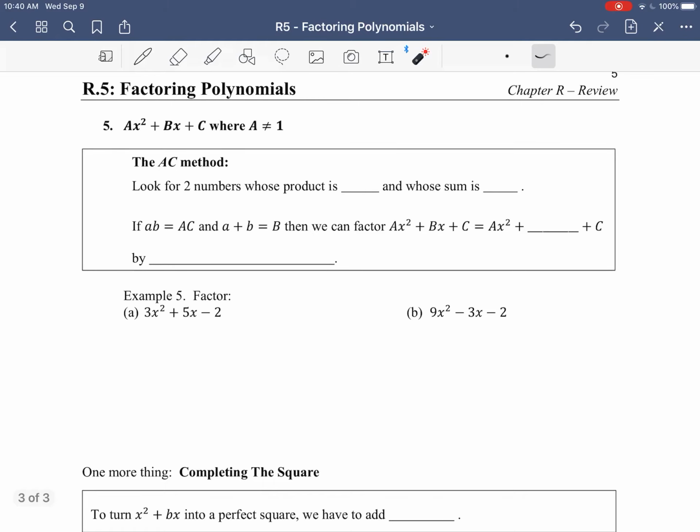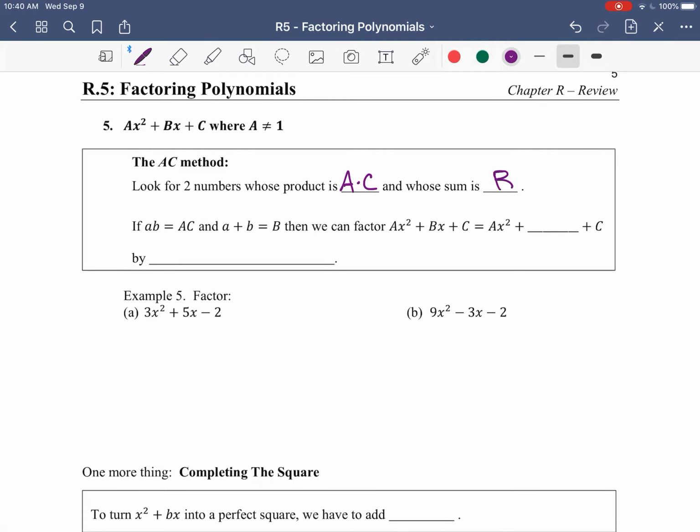Now, in our previous one, we had polynomials that looked very similar to this, except there was no a. The a was 1. So what happens if a is not 1? We can still use a similar method. We still look for two numbers whose product, instead of being c, is going to be a times c.